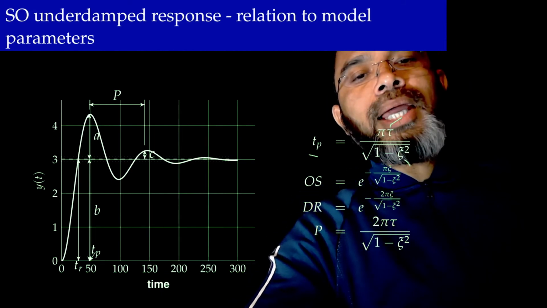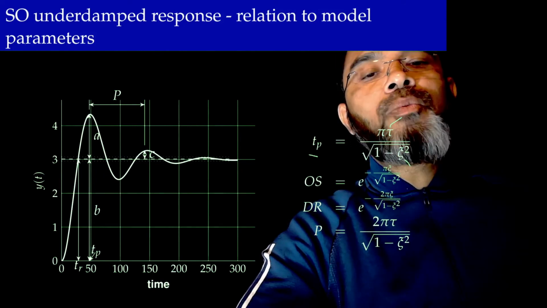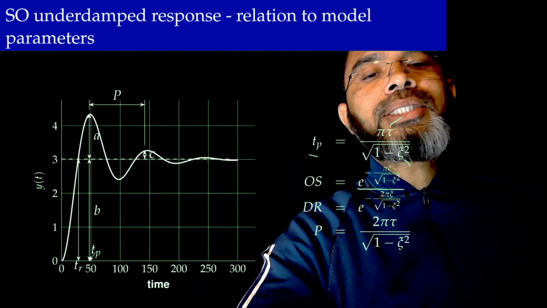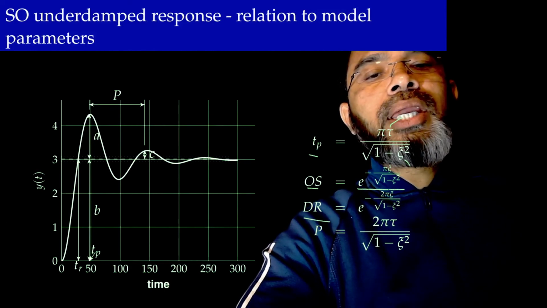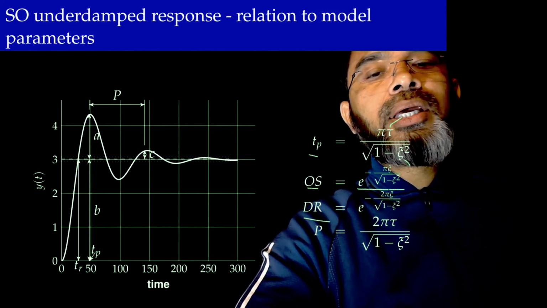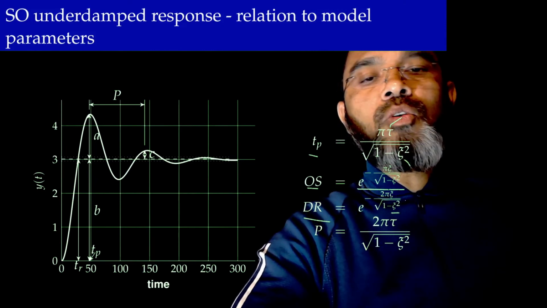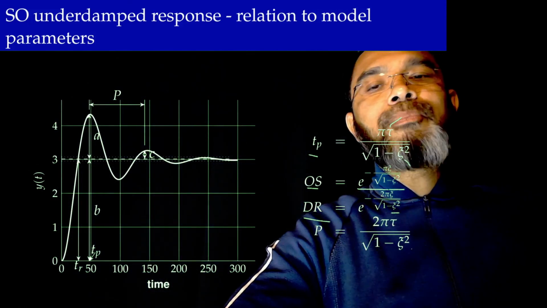We already showed that the overshoot does not depend on tau, so there is no tau in this expression, but there is an exponential relation with the damping coefficient. The decay ratio also depends on the damping coefficient and not on tau. The period of oscillation depends on both tau and the damping coefficient.